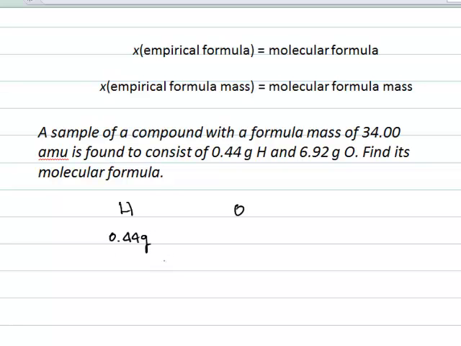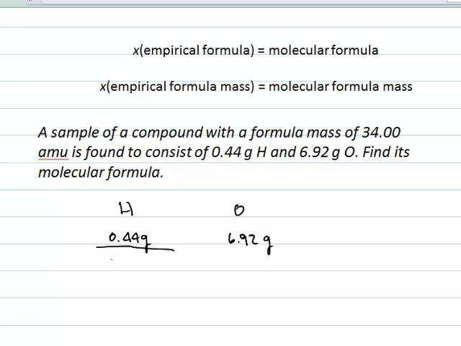Remember when we were given percent composition, we assumed a 100 gram sample and used that as the gram amount. But in this case, we just go directly to these gram amounts.